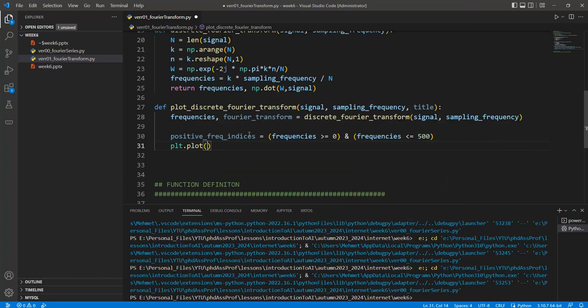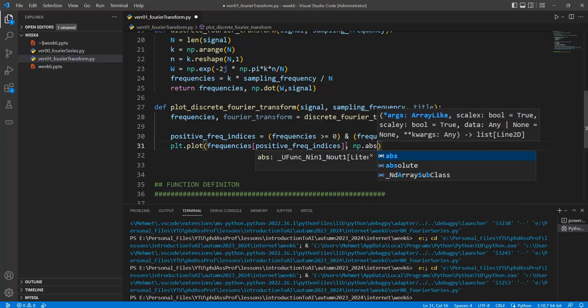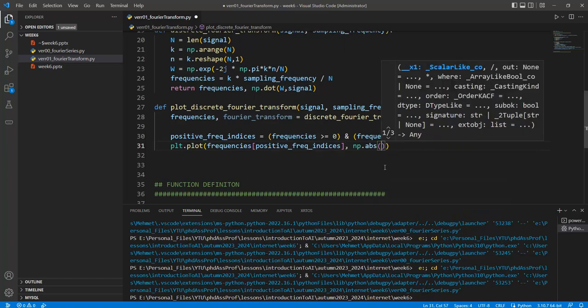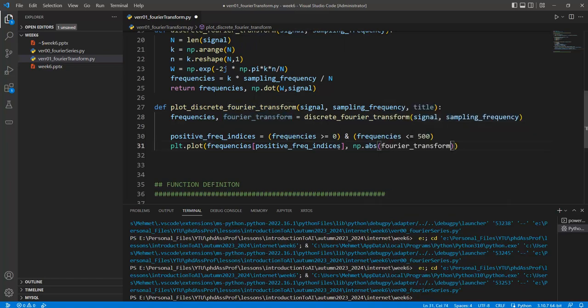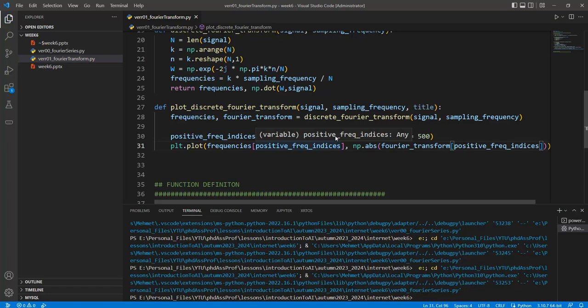plt.plot is given the frequencies with the positive frequency in these. Okay, and also we should give the np.abs values of the Fourier transform with the positive frequency in this, right? Just need to draw these values, only these values.